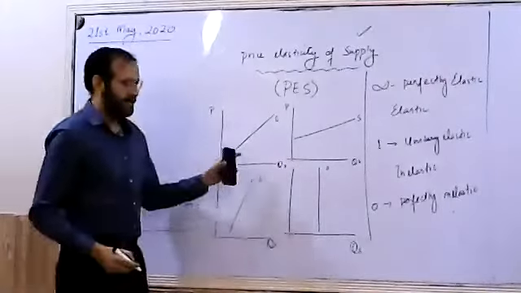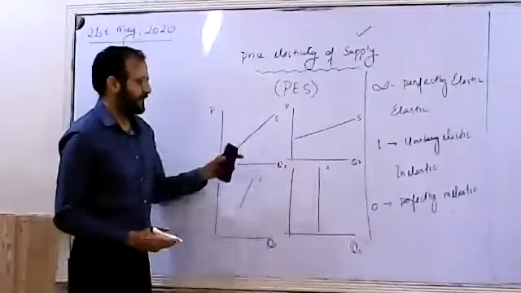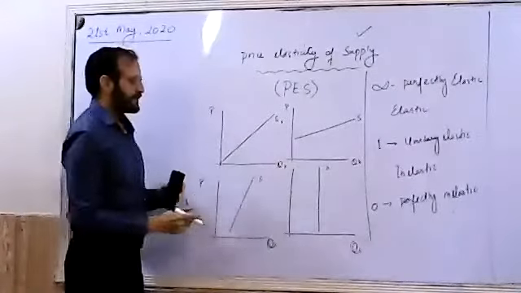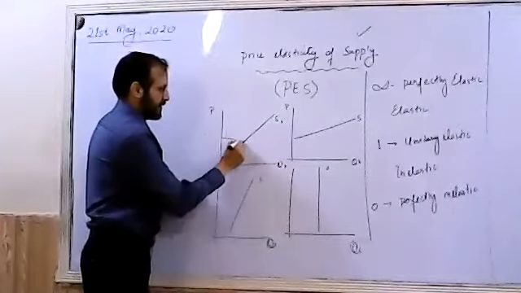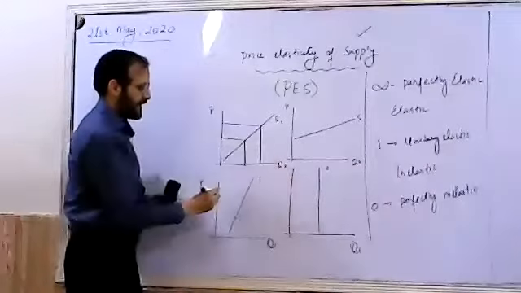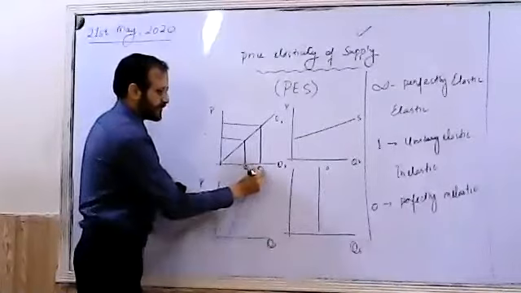Now, let's start with a very common and usual supply curve. This is your first supply curve, and let's name it S1. This S1 is giving us a situation where a change in price brings a change in quantity supplied of the same amount.